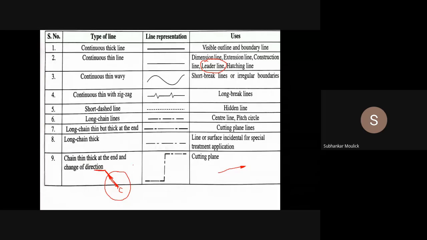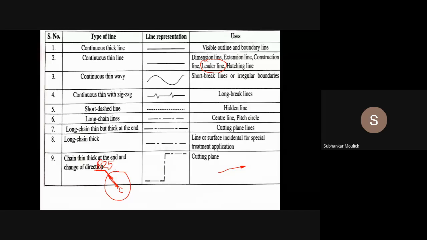Then above this horizontal line, since this circle is represented with the help of radius, and the radius of the circle is 25 mm, I will write capital R 25. By this, the designer will understand that this is a circle whose radius is 25 mm.